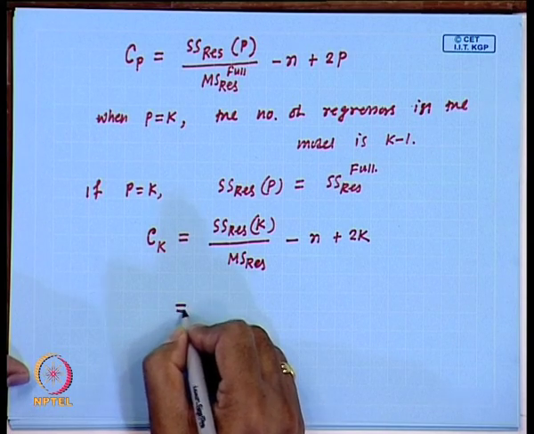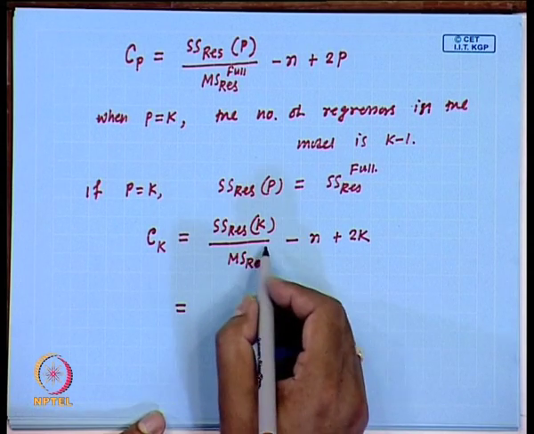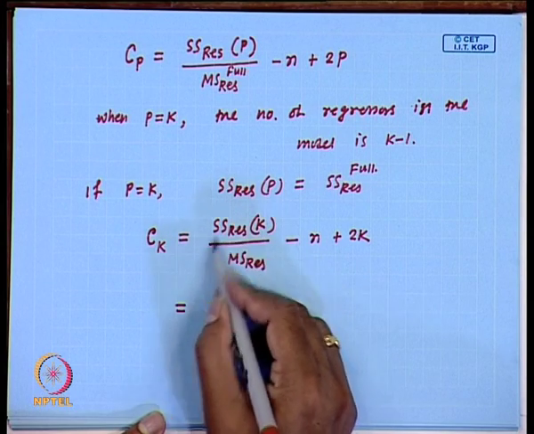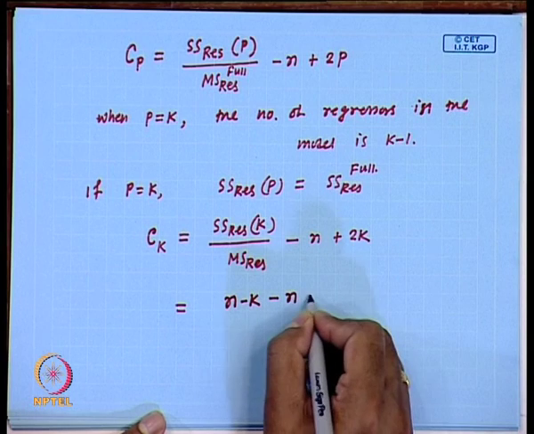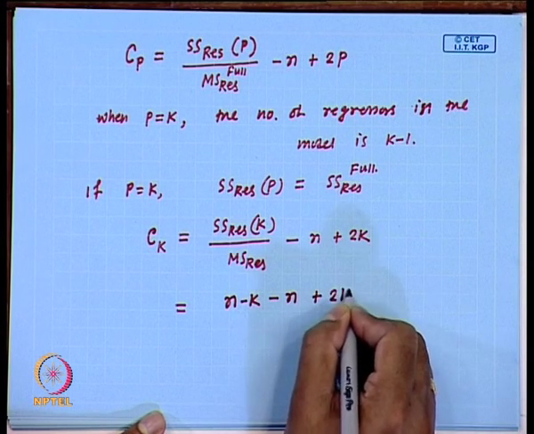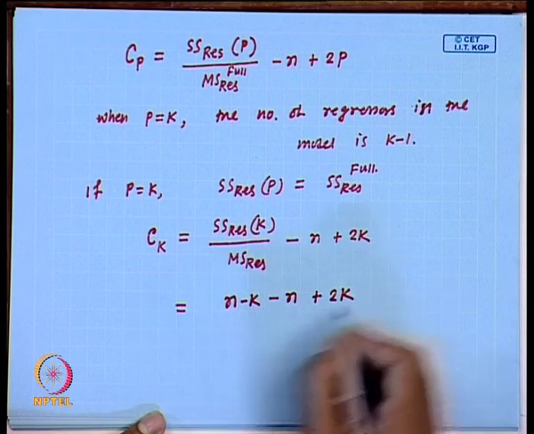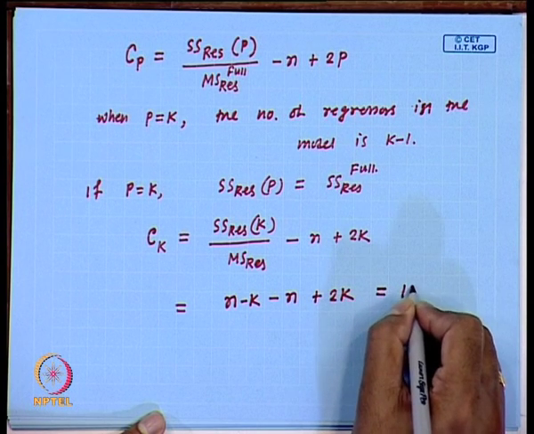Okay. So, here this is nothing but n minus k minus n plus 2k, which is equal to k.